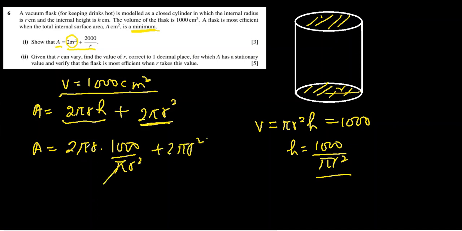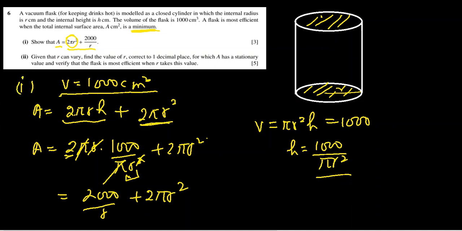So pi and pi cancel, 1 r cancels with 1 r, so we are left with 2 times 1000, which is 2000, and the denominator has only 1 r now, plus 2 pi r square, and that's what they wanted us to show in part 1.